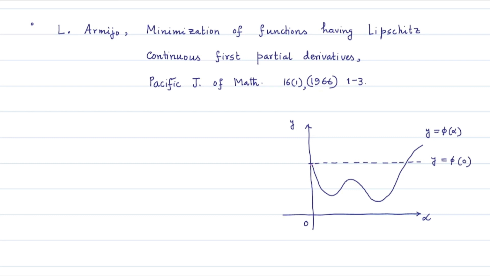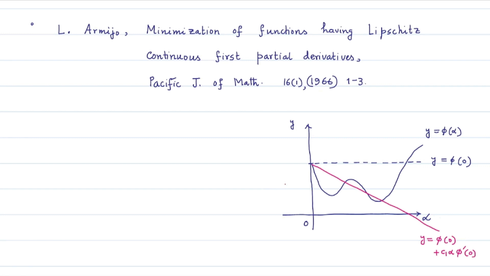The line that we have taken in the Armijo rule is this line, which is given by the expression y is equal to phi 0 plus C1 times alpha times phi dash 0.